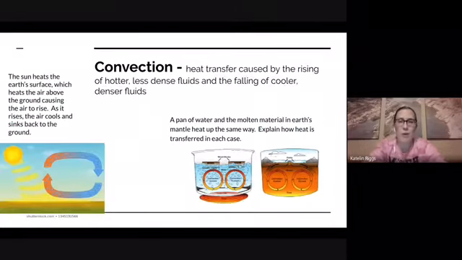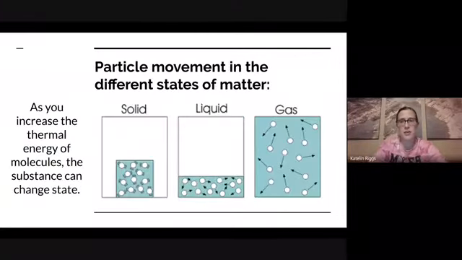The first type that we'll go over is convection. Heat transfer caused by the rising of hotter, less dense fluids and the falling of cooler, denser fluids. I'm going to go back to the last slide for a second because if you look at the gas slide here, you can see that there's the same amount of molecules, but they're much more spread out.